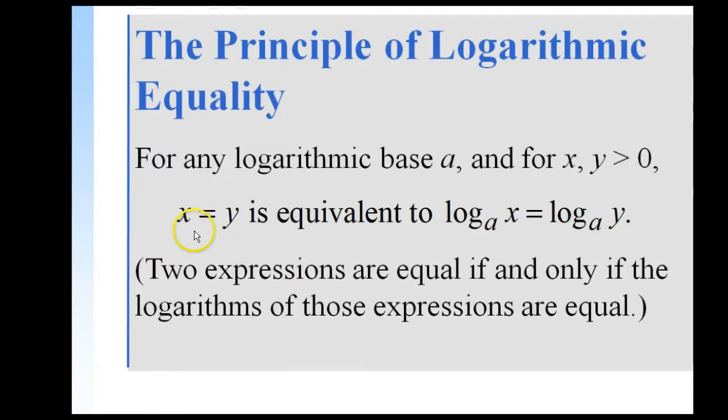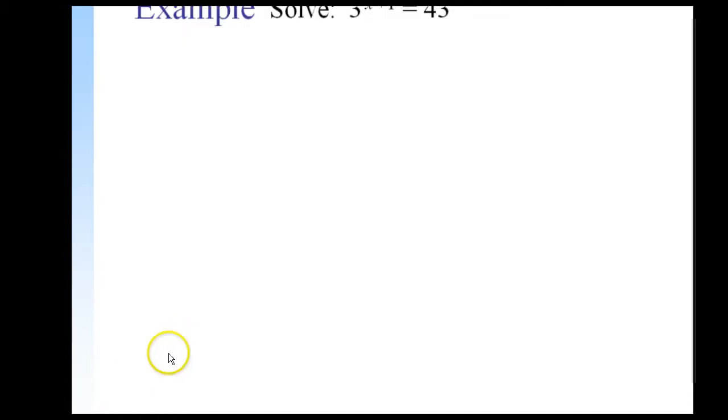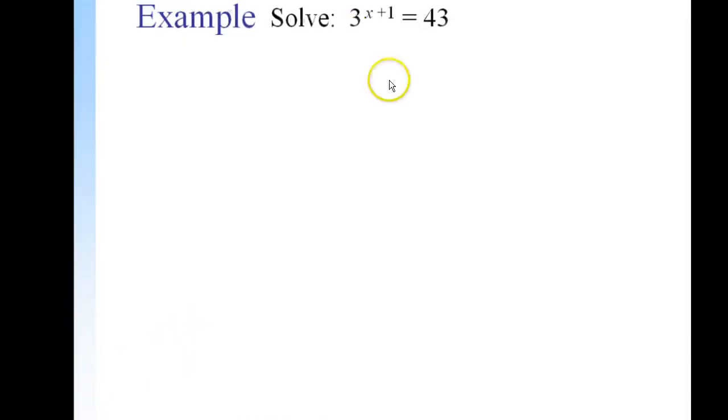Now, another method that we see here: if we have log base a of x is equal to log base a of y, then x equals y. And we'll do one right here.